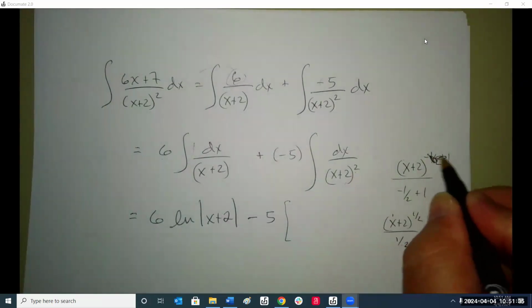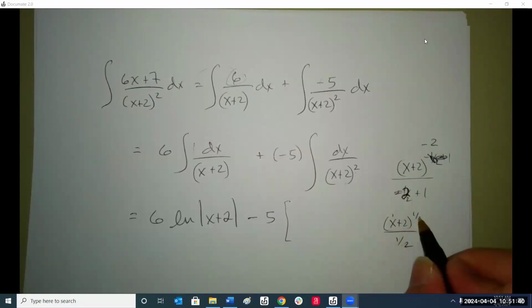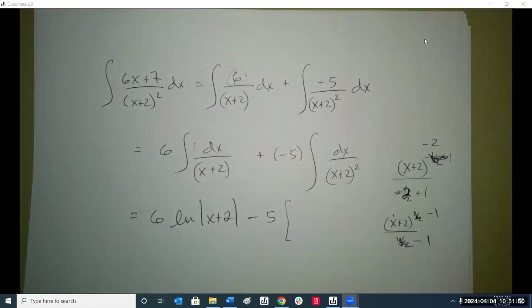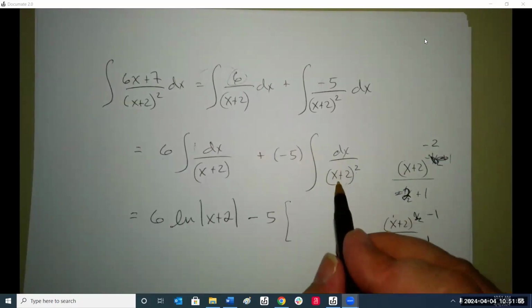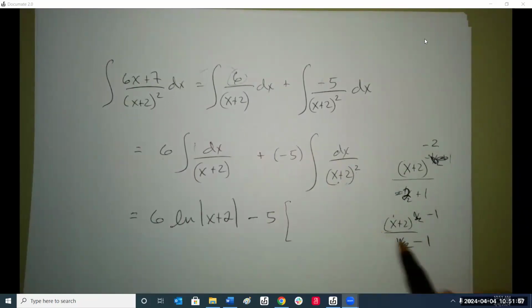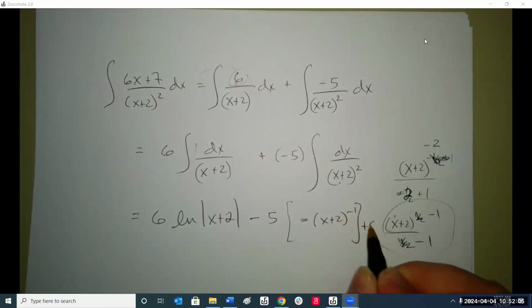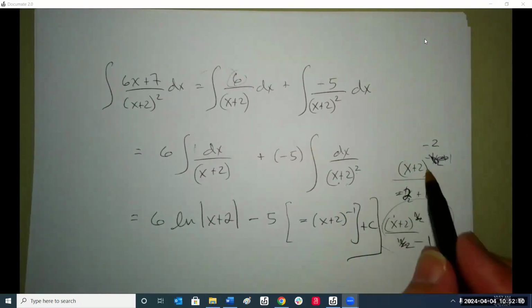I'm sorry, it's not 2, it's -2. So if I add 1, I get -1. So this integral becomes -(x + 2) to the power -1 plus c.